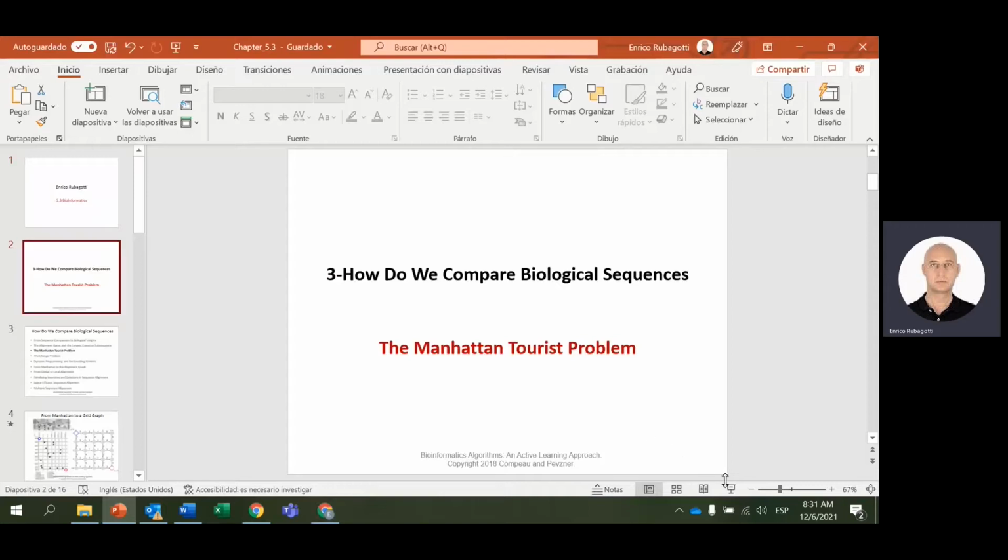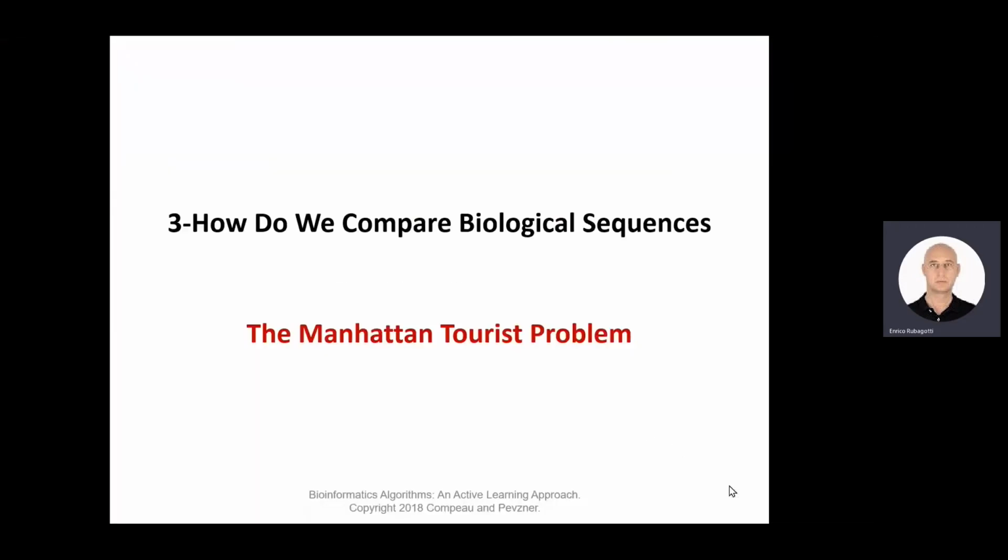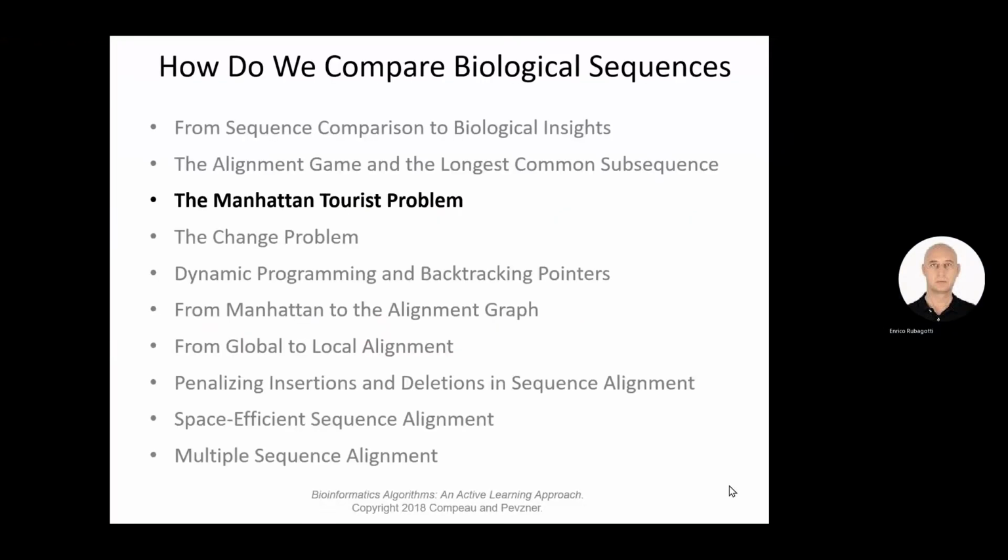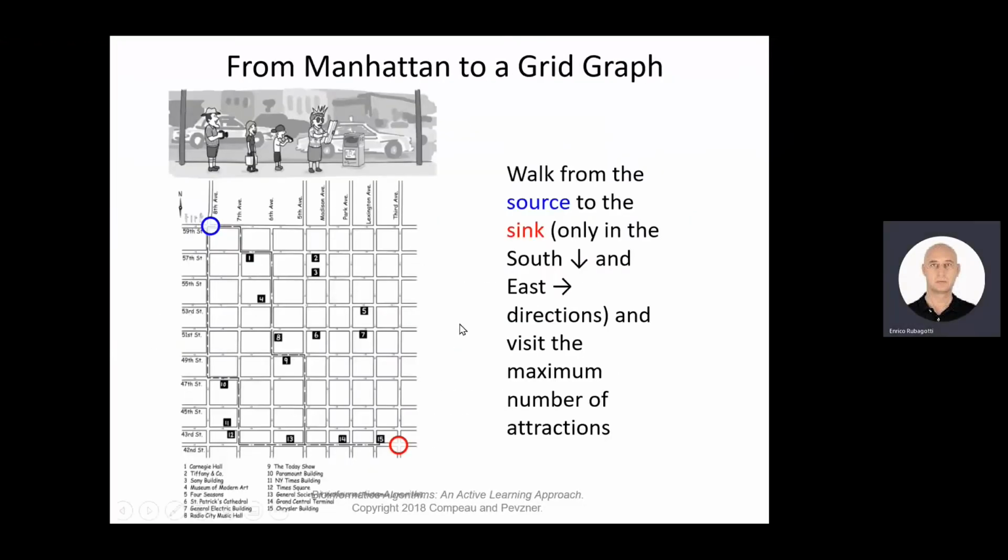Today we are going to speak about the Manhattan tourist problem. We are in Manhattan on the top left in the blue circle, and we have different sightseeing to visit.